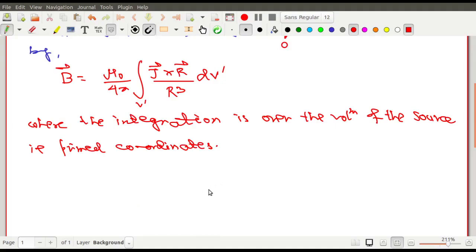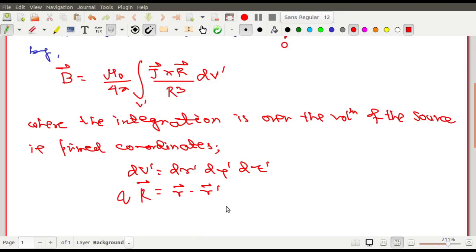And dV dash is nothing but dx dashed, dy dashed and dz dashed. And this capital R vector, which is very much clear, is R minus R dash.